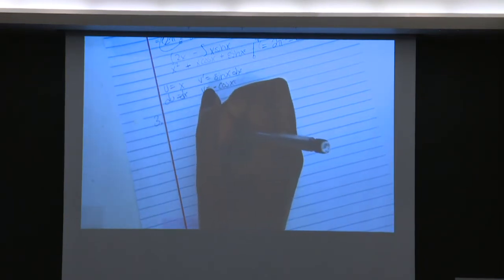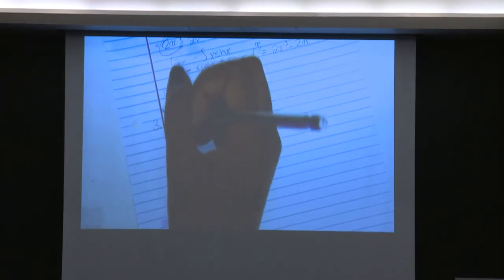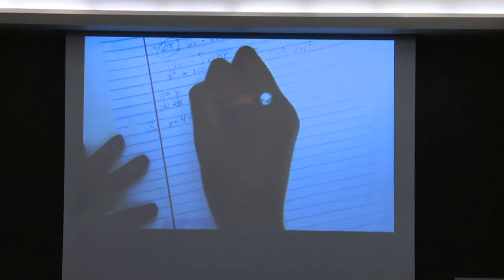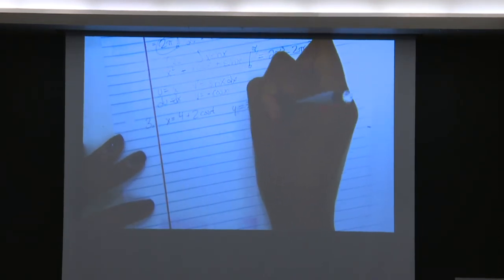So number 3, I read it out already, but we just have these equations, and they're asking us to turn them into Cartesian equations. Cartesian equations, as I said before, are just in terms of x and y.